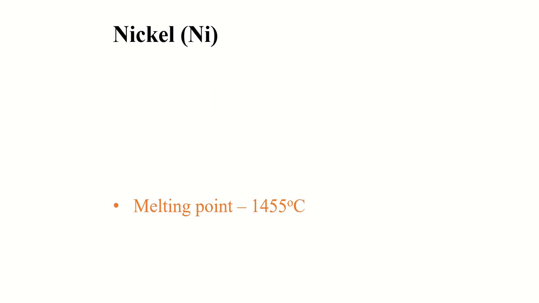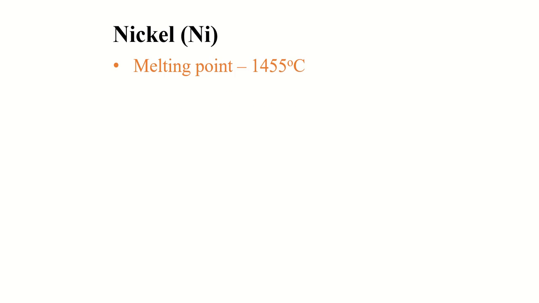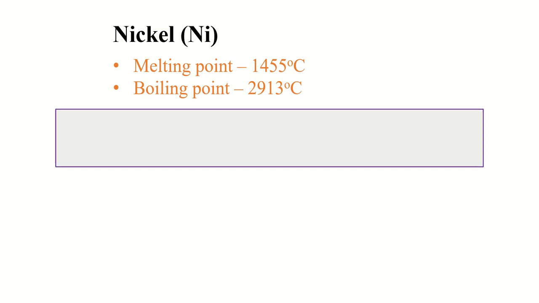Next metal is nickel. Nickel is also a very important metal for making some heat resistant metal. And nickel is also used in some other important applications. Boiling point is 2939 degrees centigrade.